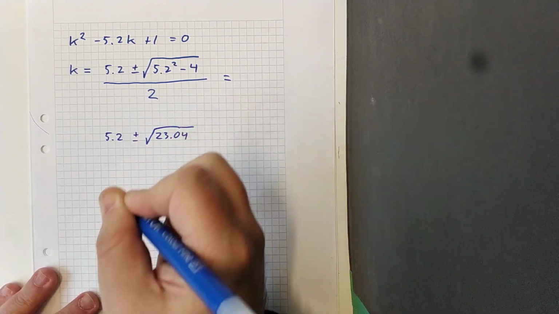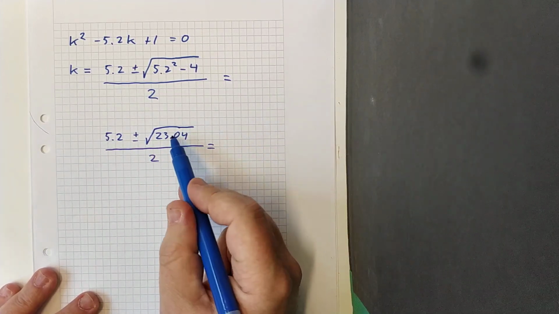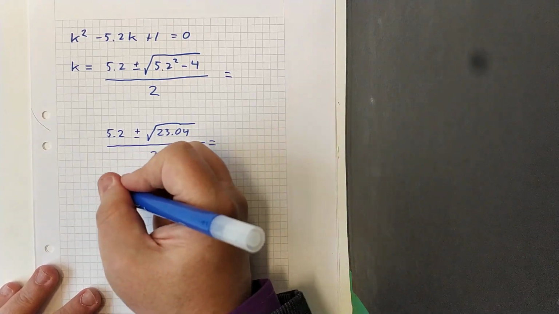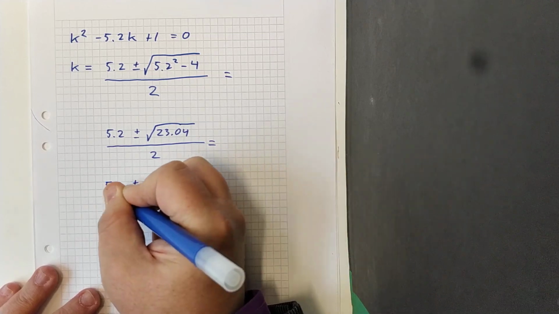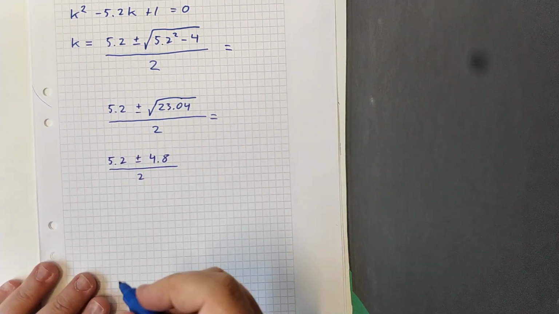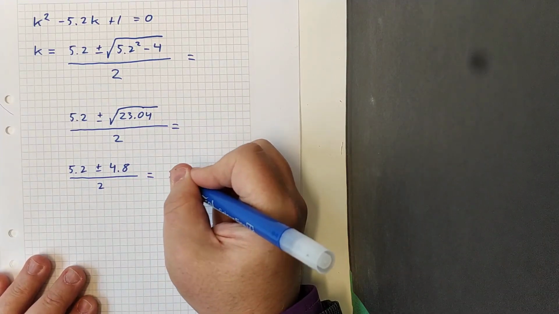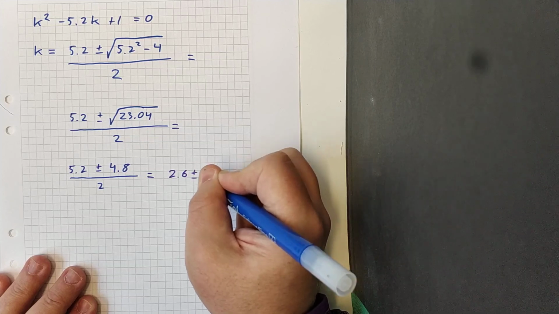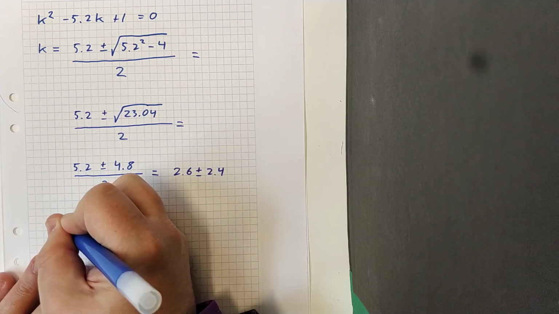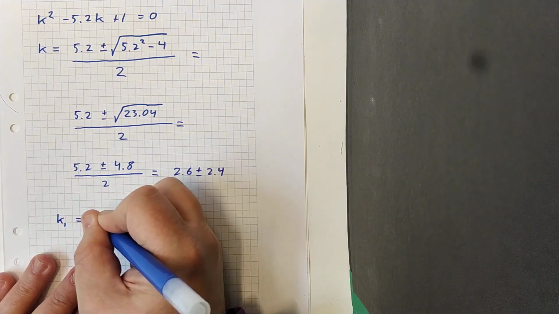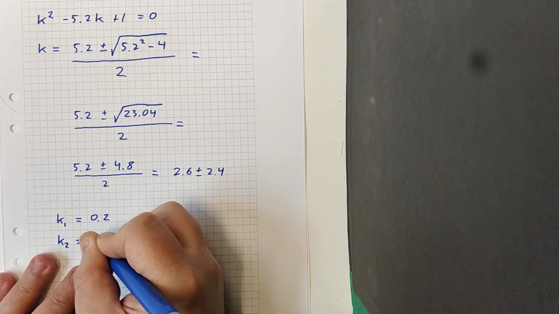I think we're going to use a calculator at some point. Divided by 2. And this actually turns out to be 4.8. Aren't we lucky? So it's 5.2 plus or minus 4.8, everything divided by 2. Which gives us in the end 2.6 plus or minus 2.4. That is to say, our first k value, k1, equals 0.2, and our second k value equals 5.